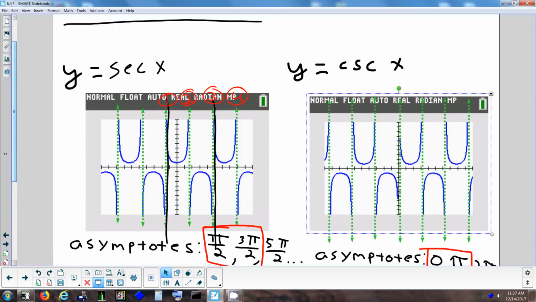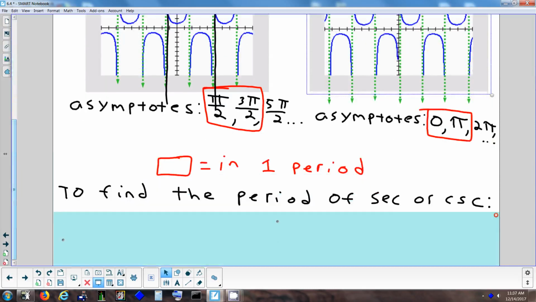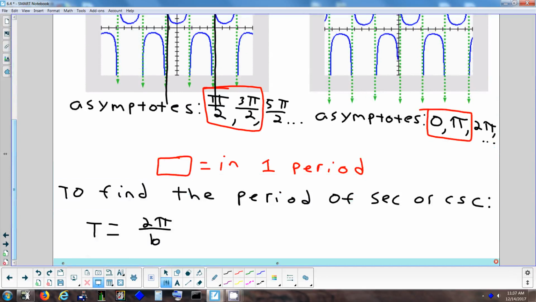So these 2 functions are directly related to sine and cosine, and they have the same formula for the period. 2 pi over b. So the only functions that don't use 2 pi over b are tangent and cotangent. Everything else does.